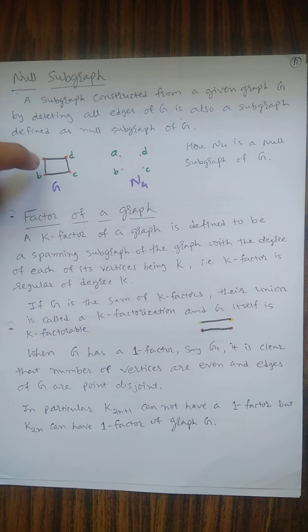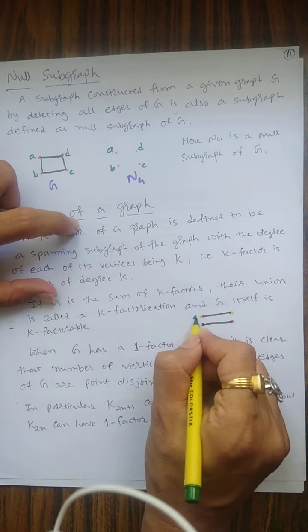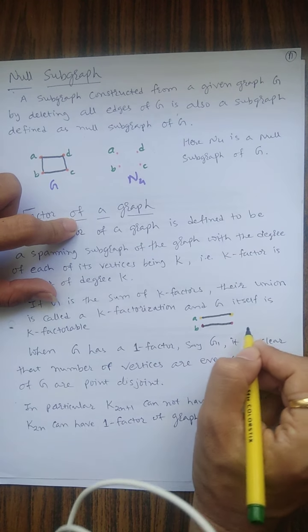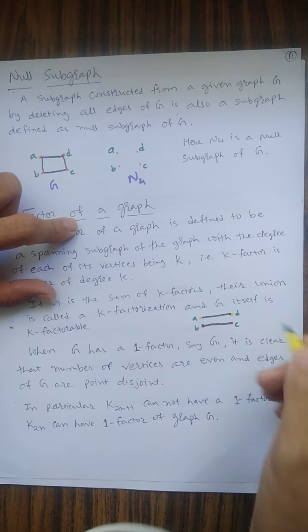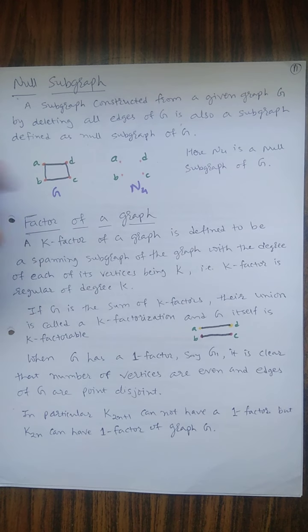If I talk about this graph A, B, C, D, this is A, this is B, this is C and D. This is a 1 factorization of A, B, C, D, because it is an even graph.